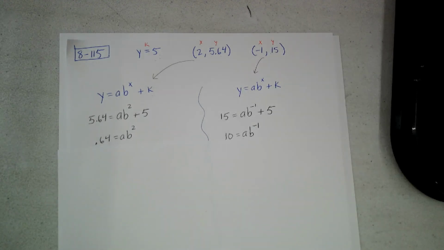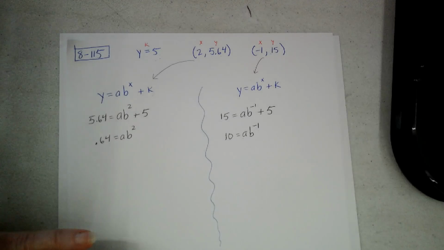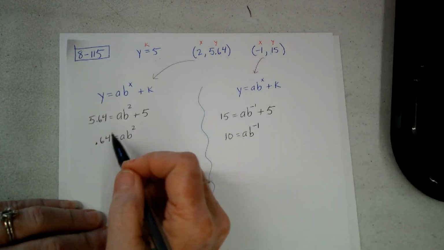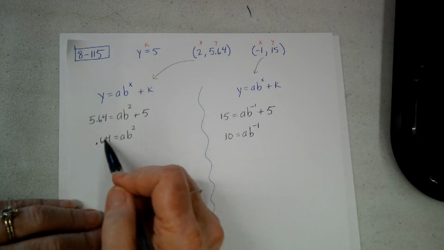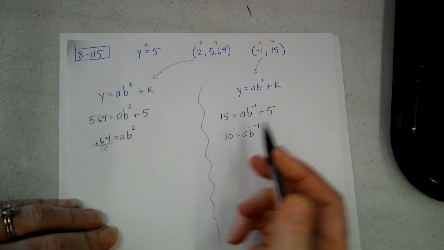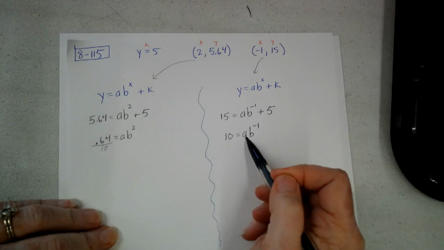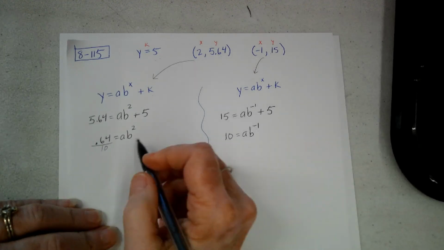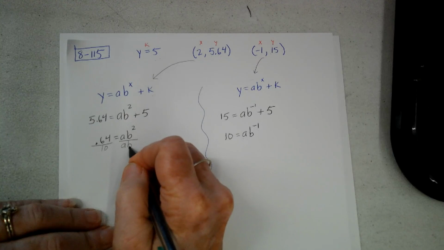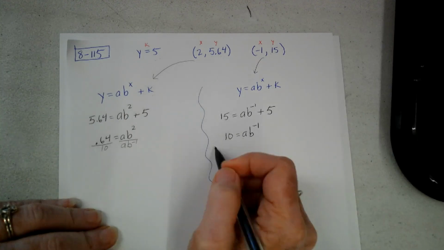The reason I'm allowed to do that is because I'm allowed to do stuff to both sides of the equal sign. So I want to divide this equation by 10 on both sides. Well, 10 is equal to ab to the negative 1. So instead of writing 10 here, I'm going to write ab to the negative 1.